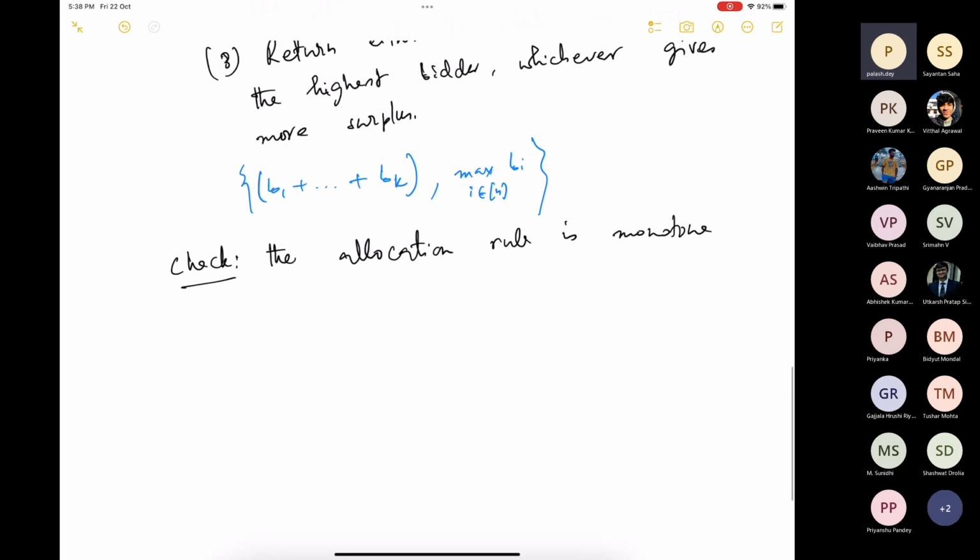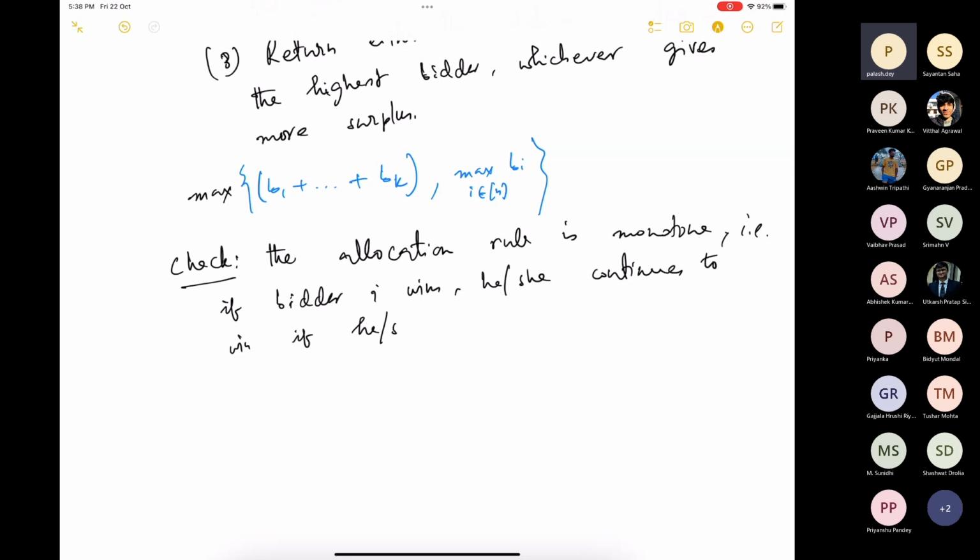So you take the max from these two. That is, if bidder i wins, he or she continues to win if he or she increases the bid. Okay, now everything is good.